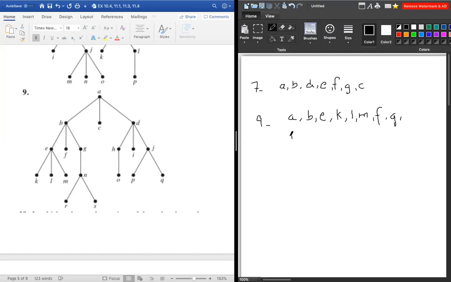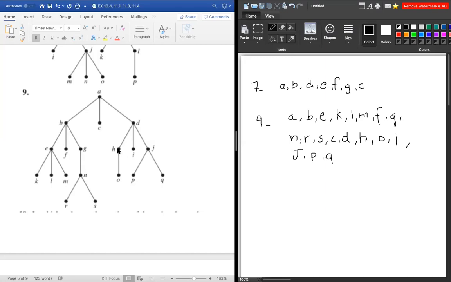The next node visited is N. The next one is R. Then S. We have C, D, H, we have O, we have I, we have J, we have P, and lastly, we will be having Q.